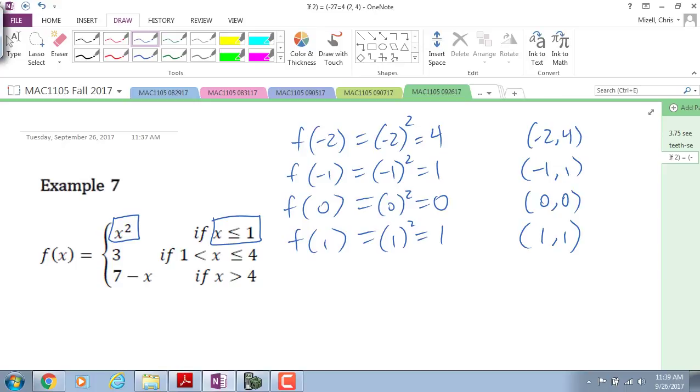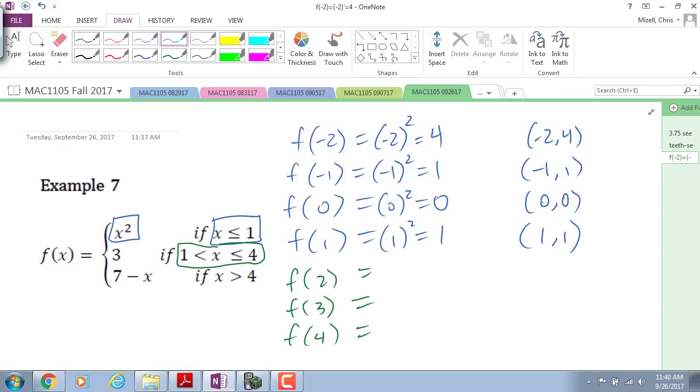Next, let's choose some numbers between 1 and 4. Maybe we'll choose 4, but we don't want to choose 1 because 1 has to be less than x to be in this piece of the graph. So how about 2, 3, and 4? f of 2, f of 3, f of 4.